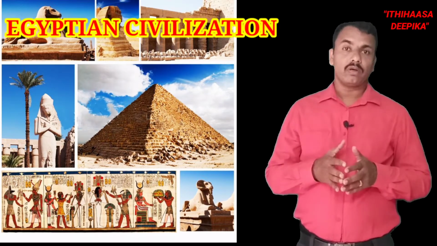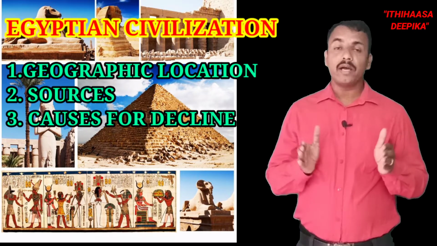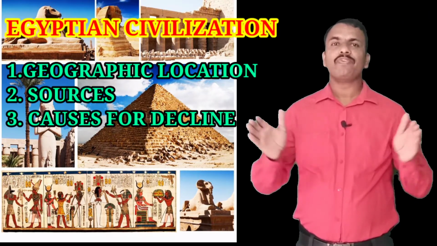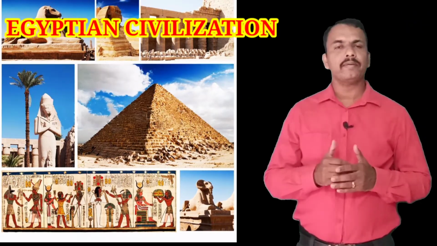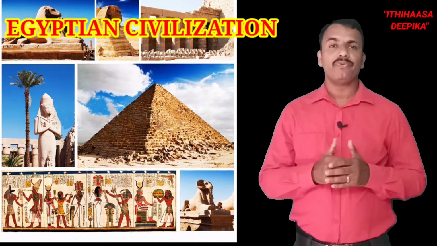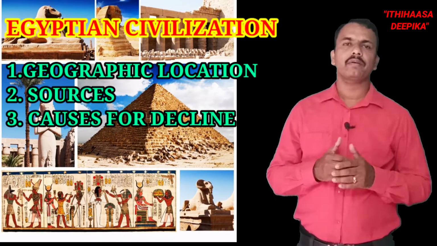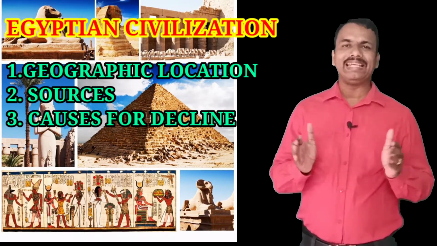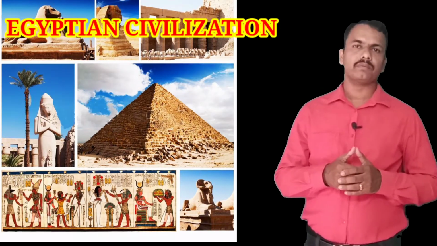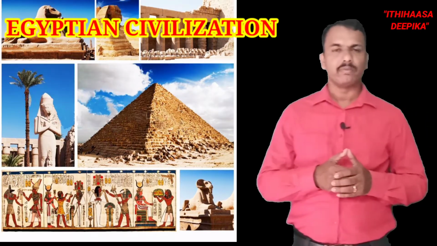In this video, I am focusing on three aspects: the geographical location of Egypt, the sources of Egyptian civilization, and the causes for the disintegration or decline of Egyptian civilization.